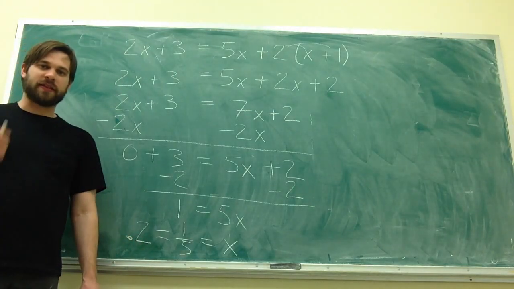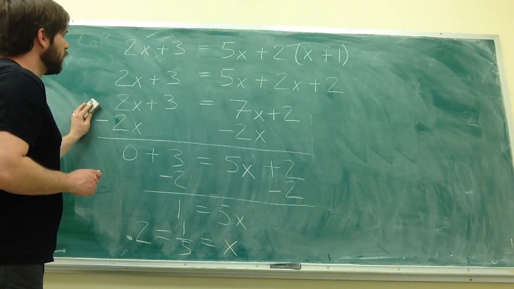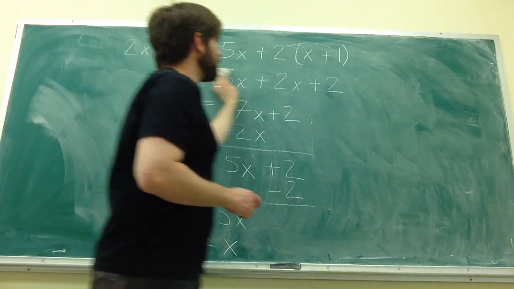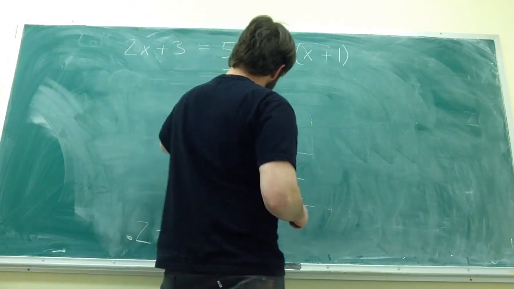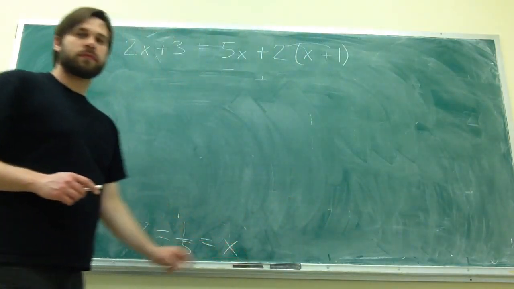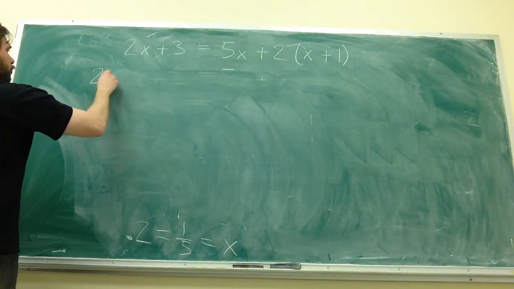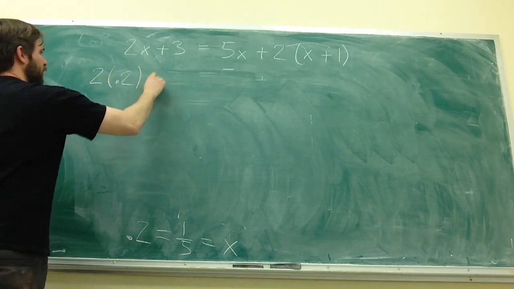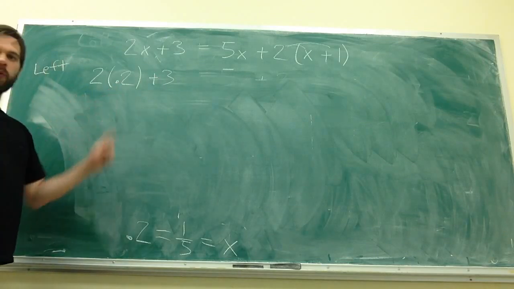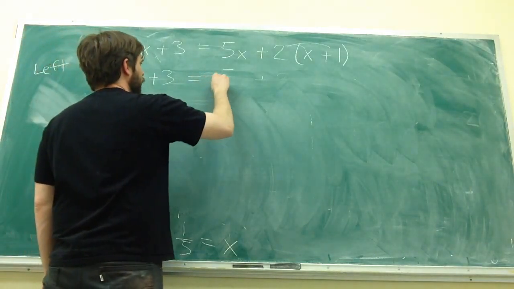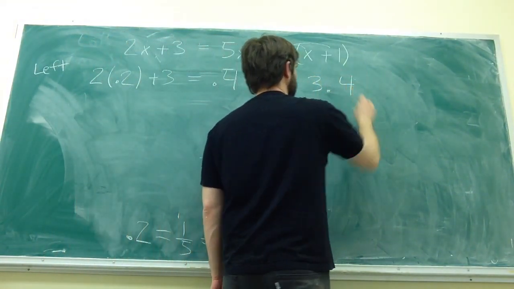And again, we can check this. It's going to be a little bit more work, but we can certainly check it. Let's check the left side and the right side separately and see what we get. If we want to use the decimals here, if we have 2 times 0.2 plus 3 on the left side, 2 times 0.2 is 0.4, so we have 0.4 plus 3, and we get 3.4.